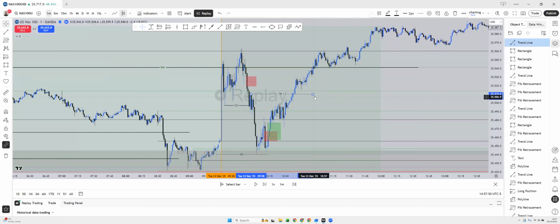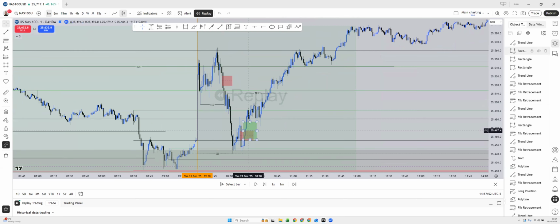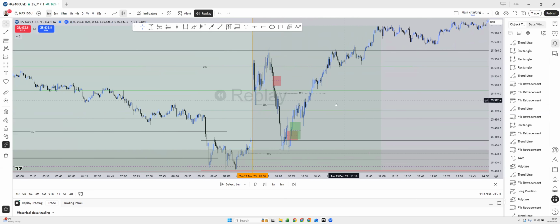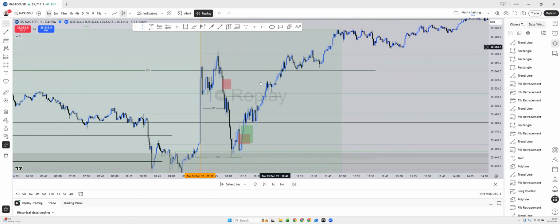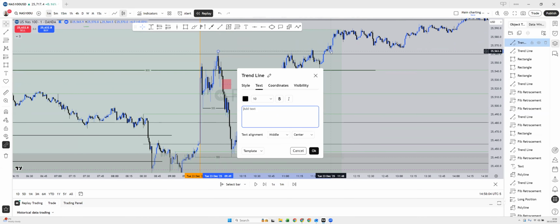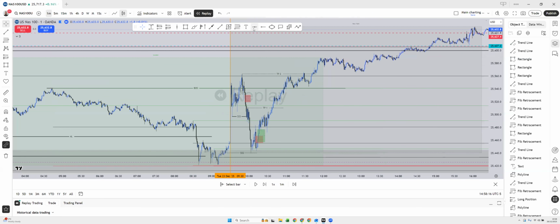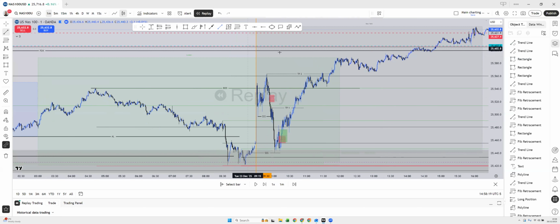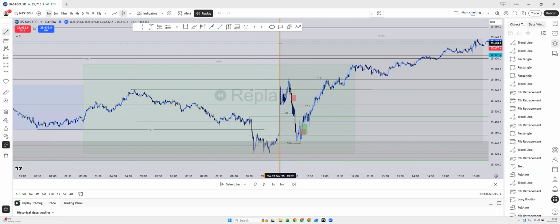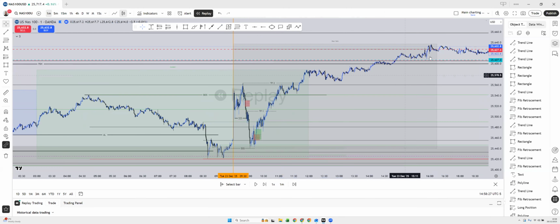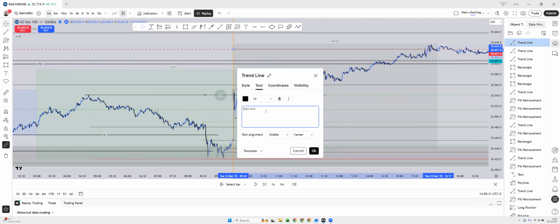Now, if we would have broke past TP1 and had no problems, I'd have put stop loss to break even and then let the rest run, and then you could put TP2 here. And then TP3 would be up top where the point of control was. So there. Final TP. That's where you leave a runner.